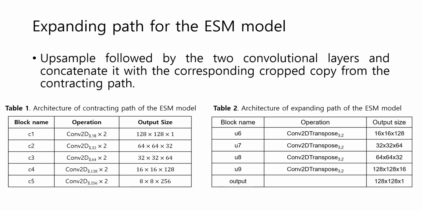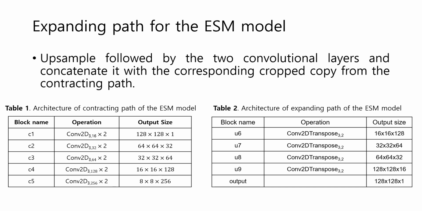So let's look at the expanding path. The upsample is followed by two convolutional layers and concatenated with a corresponding copy from the contracting path. Table 1 shows the architecture of the contracting path of the ESM model, whereas table 2 shows the architecture of the expanding path. The output feature map from block 4 is concatenated to the upsampled feature map named U6.